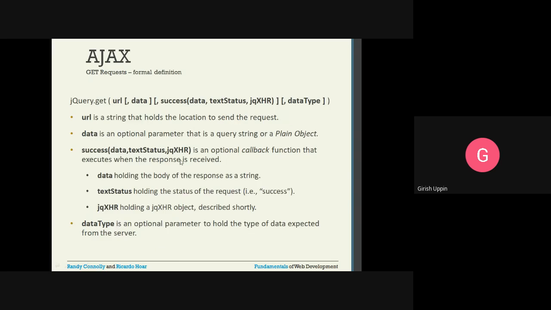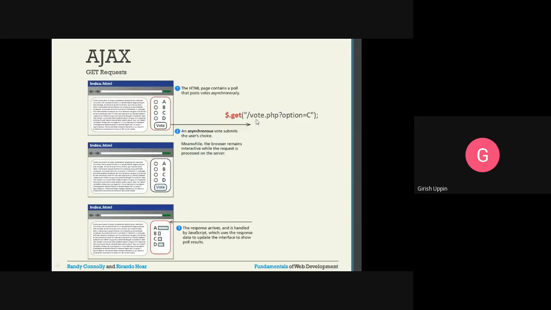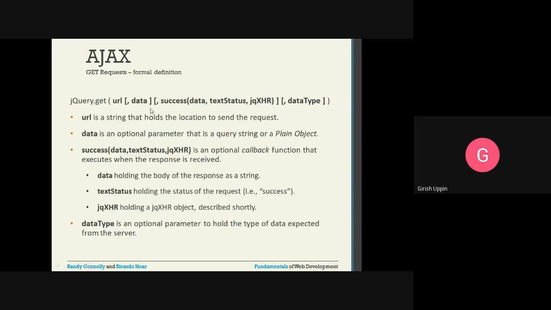This is the general syntax for the get request, jQuery.get. Then we provide the URL that holds the location to send the request. For example, in this case, we had the URL vote.php. Then an optional data parameter we can have. Then this is the optional callback function that gets executed whenever we get the response, and the response data represents the response data.